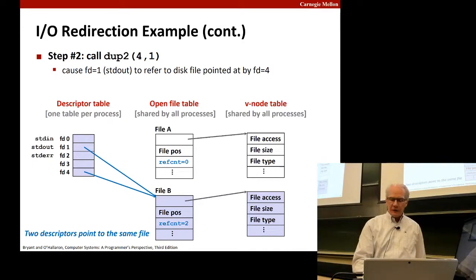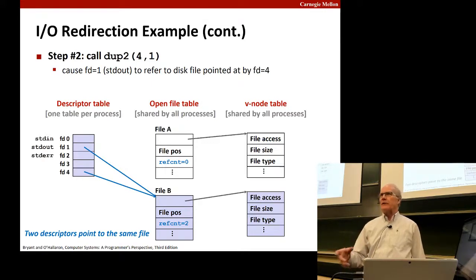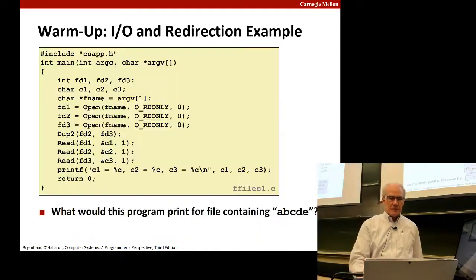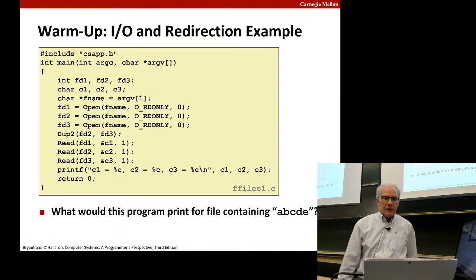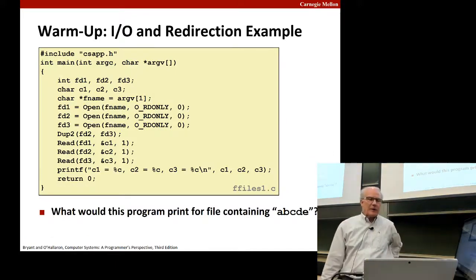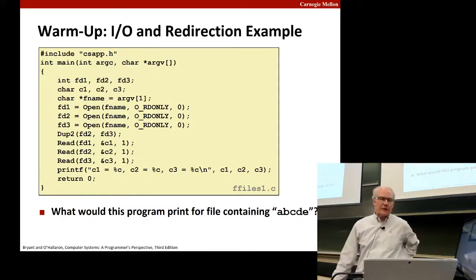So that's a real simple version of how I/O redirection can work, by using dup2, and now any write to standard output will instead go to this file B. This is an example of the kind of question I can make for exams, and I can promise you these won't be on the midterm, but they will be on the final.